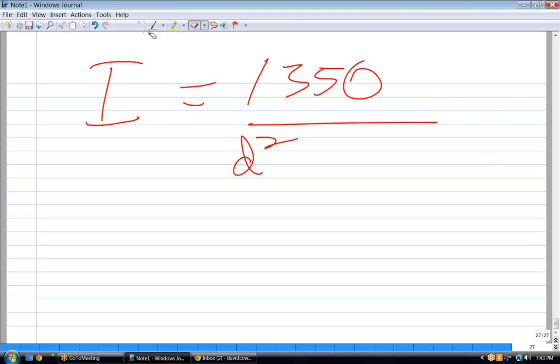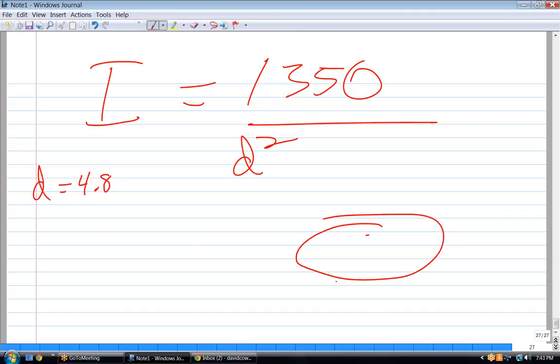A light hangs 4.8 feet above the center of a circular table, 7.2 feet in diameter. If the illumination is 25 lux at the center of the table, what is it at the edge of the table?